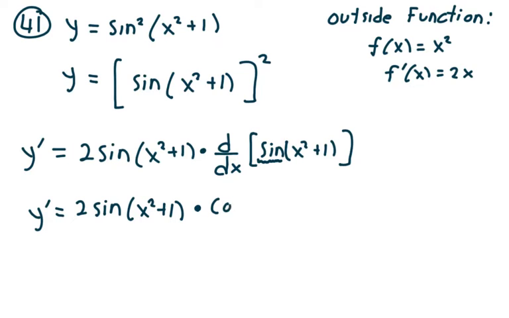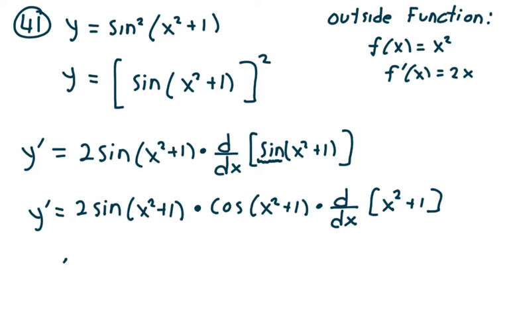So I'm going to put cosine of x squared plus 1 and then multiply by the derivative of the inside function, which in this case is x squared plus 1. Now, it depends on what your instructor wants. I'll write the solution this way.